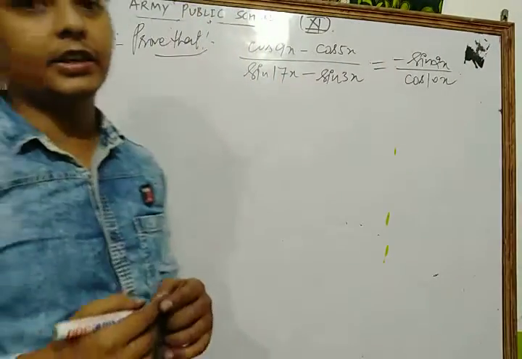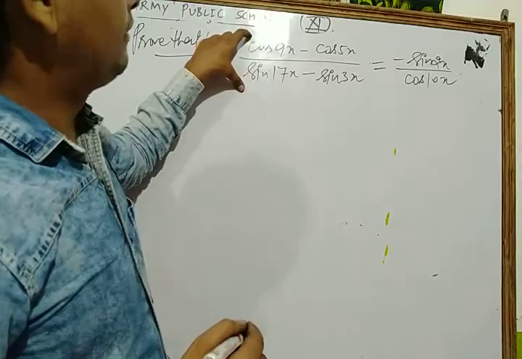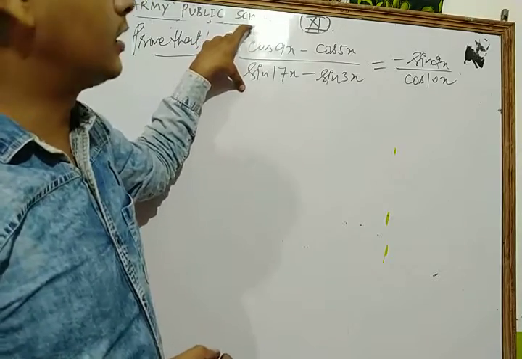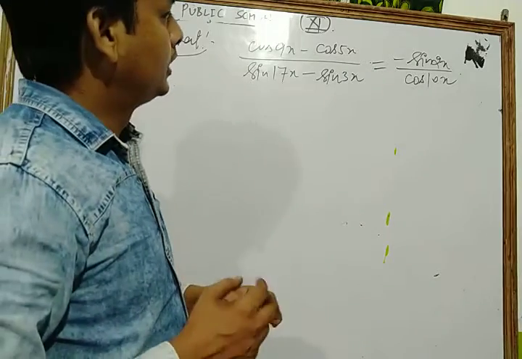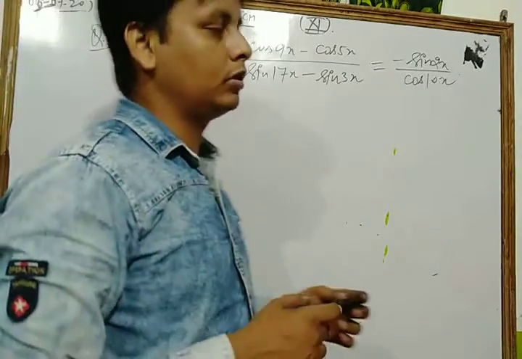This is the NCERT question. We have to show that cos 9x minus cos 5x upon sin 17x minus sin 3x is equal to minus sin 2x upon cos 10x.